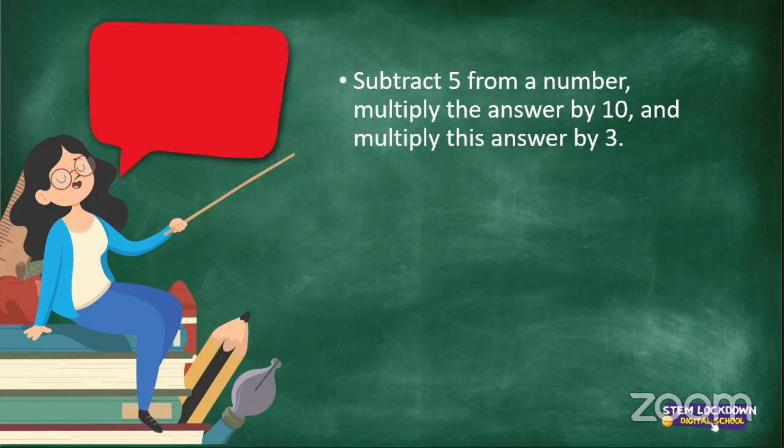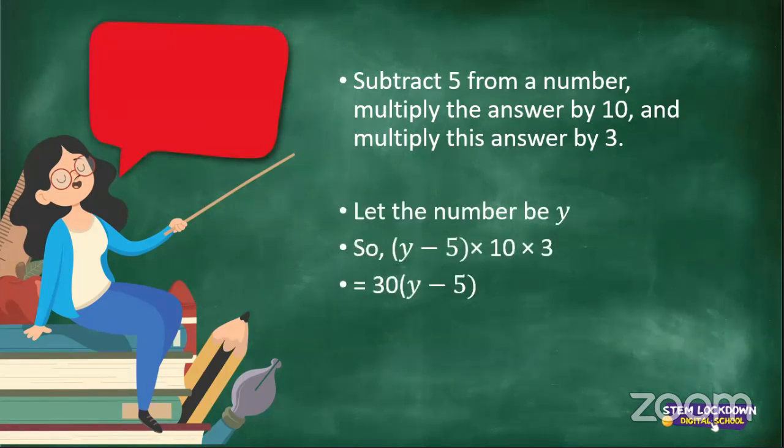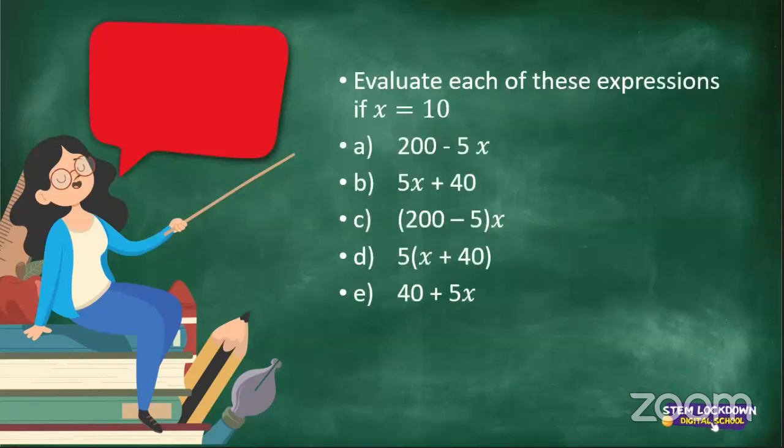So basically, this is what we have done. You subtracted 5 from the number, that number is y, and of course you multiply everything by 10, thereafter multiply by 3. So we have evaluated these expressions as well, where we were able to substitute each value of x there.